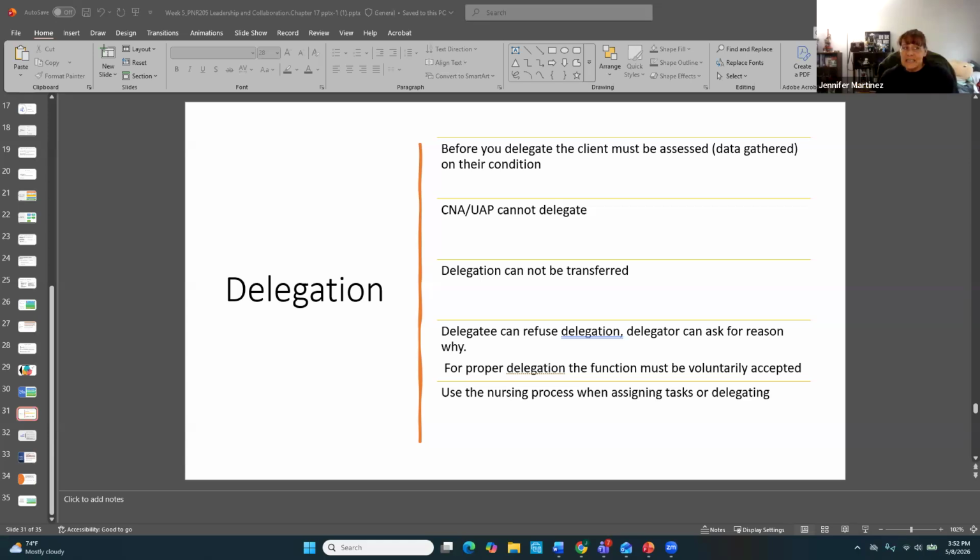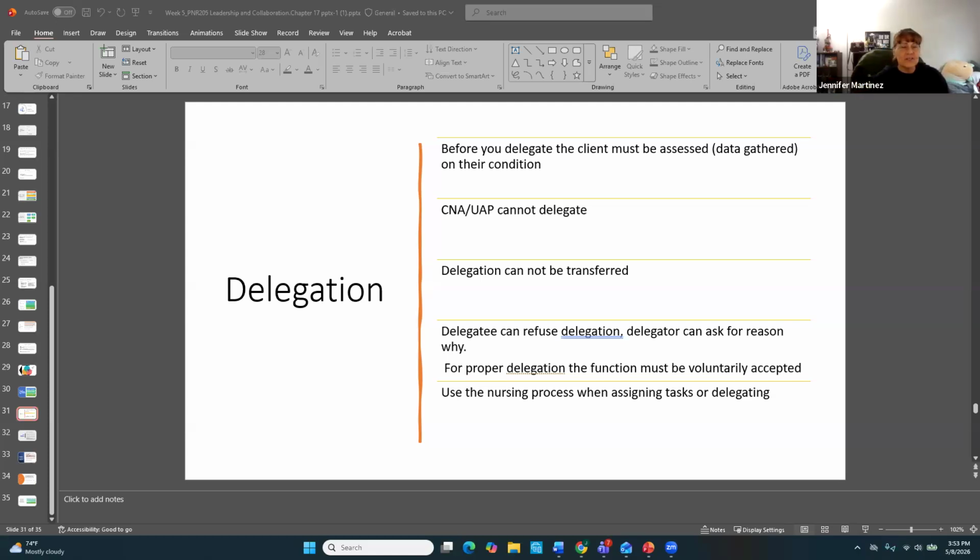The delegatee, or the person that we are trying to delegate to, can refuse the delegation. But it is very important that if I ask Shahada to go get that glucose level, and she tells me no, I don't want to go get that glucose level, it is very important to ask why.